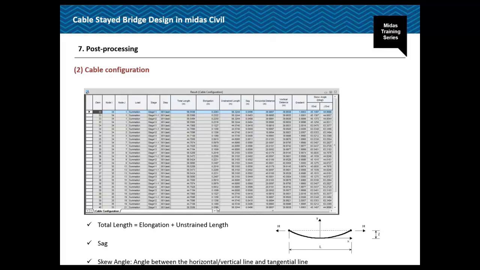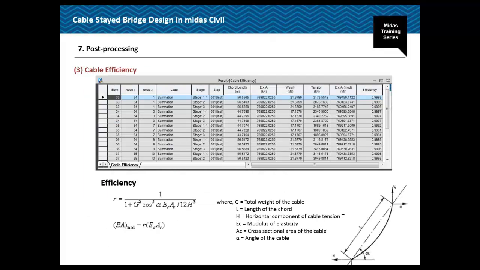And for the cable stayed bridge, we provide the cable configuration. So we can easily check the total length, which considers the cable elongation and unstrained length. So the summation of these two will be provided. Also the amount of the sag and the skewed angle can be obtained. Cable efficiency is also another useful function.